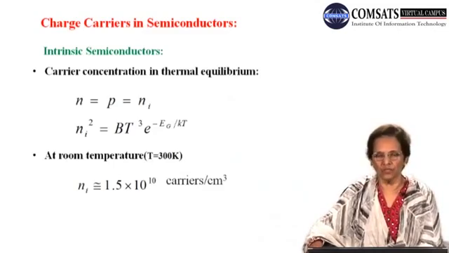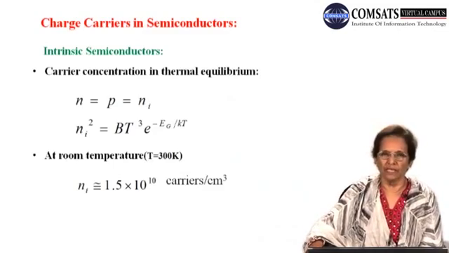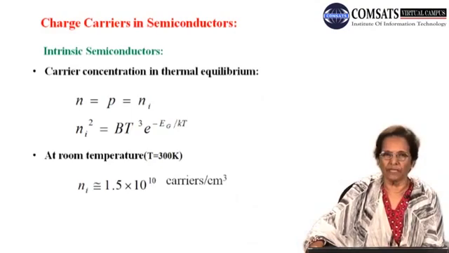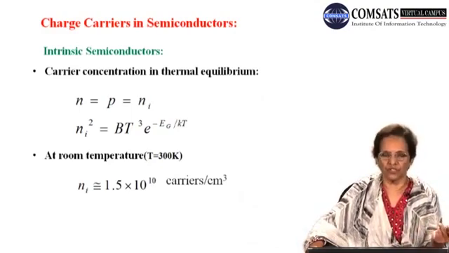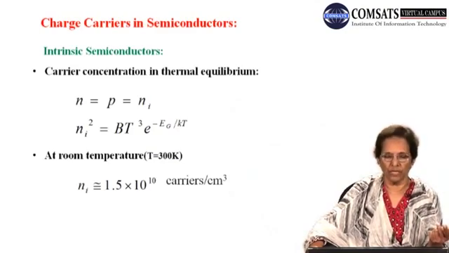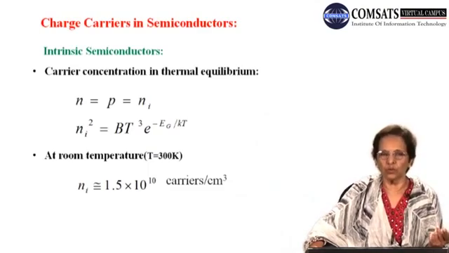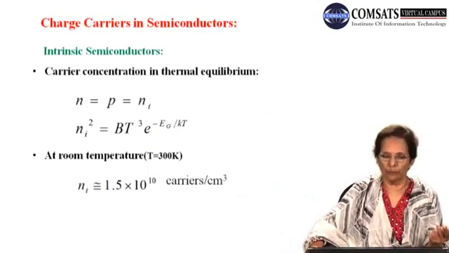Thus, we finally come to this slide and write mathematically, as we discussed just now, that in pure or intrinsic semiconductor materials, because electrons and holes are created in equal number, the concentration of electrons n should be equal to the concentration of holes p.